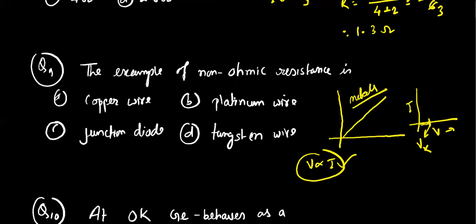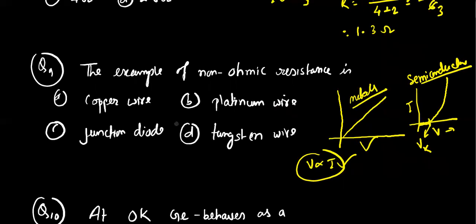Okay, and after exceeding this particular voltage, the current will gradually increase, which means the semi-metals or semiconductors do not show this kind of behavior. That's why they are known as non-ohmic resistance.